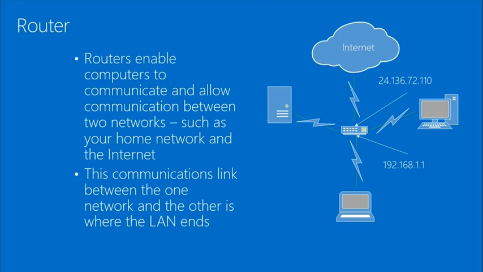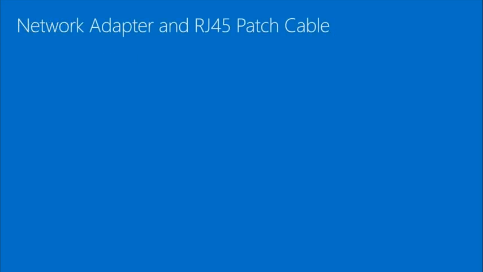The block on the left, typically a server. The one on the right with the monitor and the block is a computer, and the basic one on the bottom is a laptop. So we talk about documenting your network. This is the type of icons that you'll use to document your network.